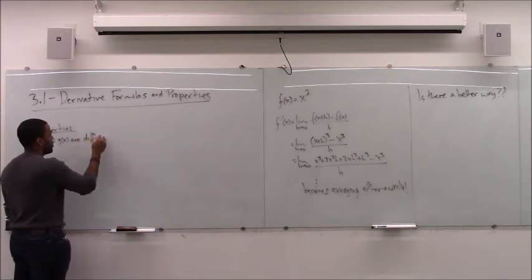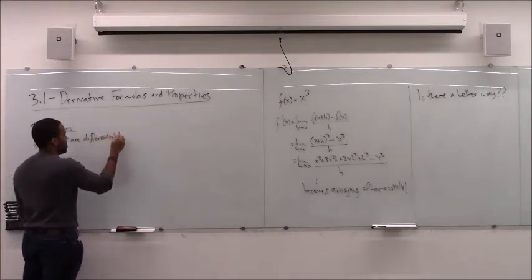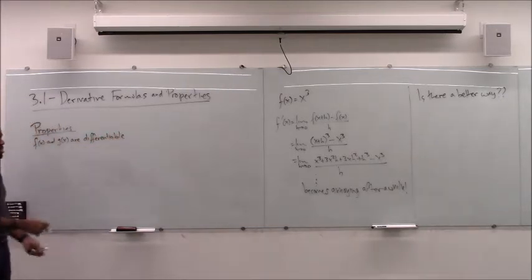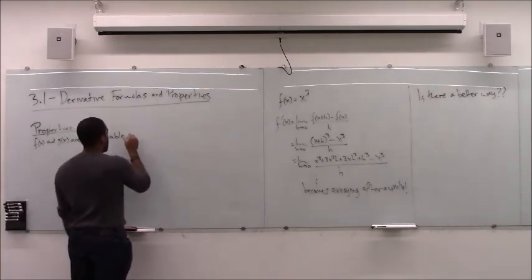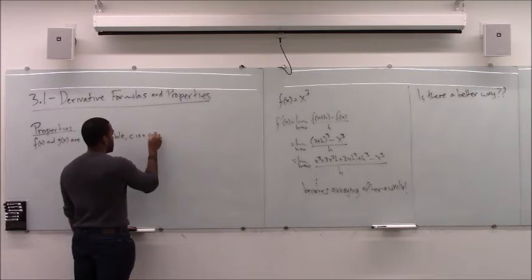let's call them differentiable functions, meaning these are functions for which we can find the derivative, we can compute that limit, and it'll actually exist. And c is a constant.